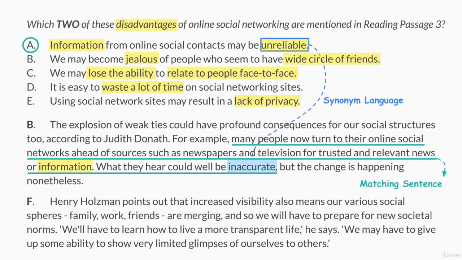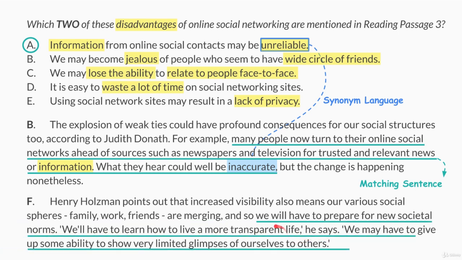Okay? So people are going to have access to more information about us. So in this area, it seems to be talking about a disadvantage. That is an example of a disadvantage, because that means that I have to give up my privacy. I have to be more transparent about what's happening in my life with other people.